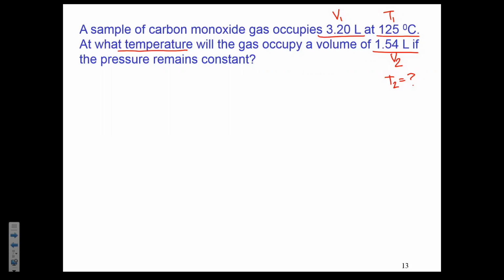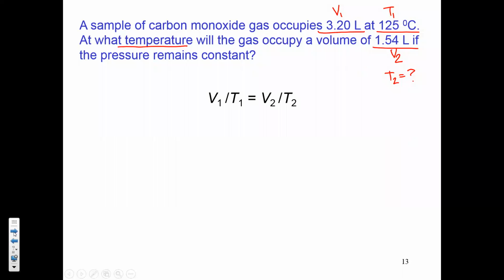Okay, so there's our equation. We are going to know that we have 3.2 liters. Okay, our T1 we have to do something a little different with, right?